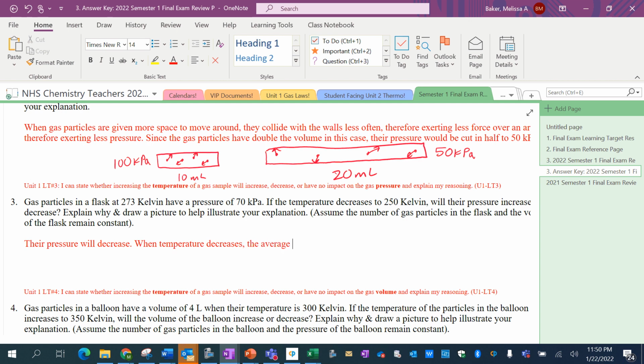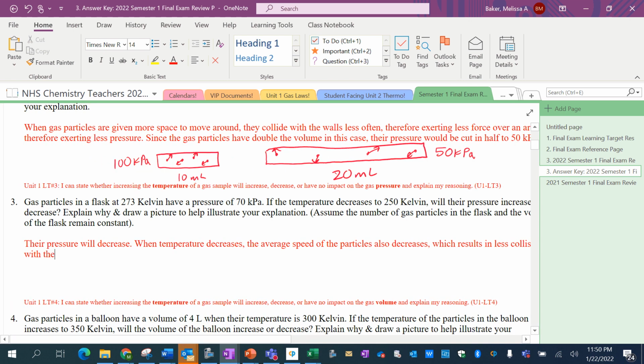The average speed of the particles also decreases, which results in less collisions with the walls of the flask, which means less force over area, decreasing the pressure.